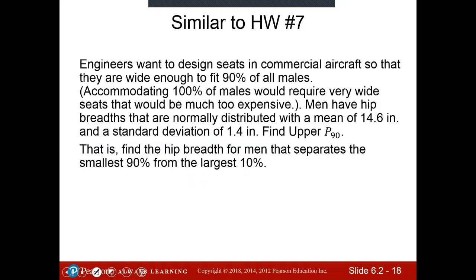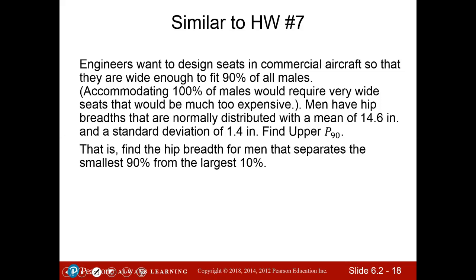Now, here is a similar problem. This time, for engineers, they want to design seats in commercial aircraft so that they are wide enough to fit 90% of all males.